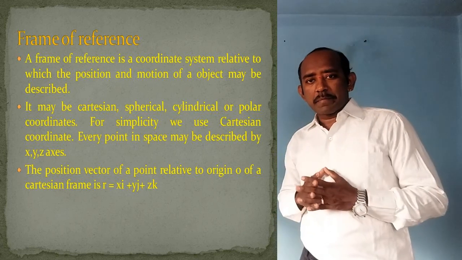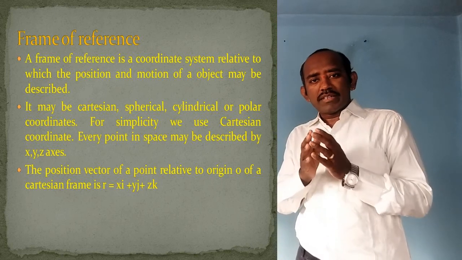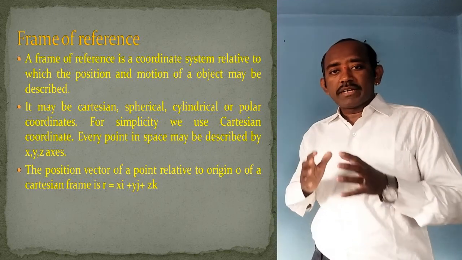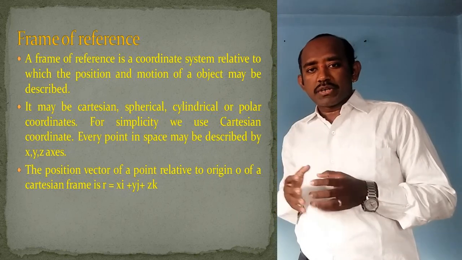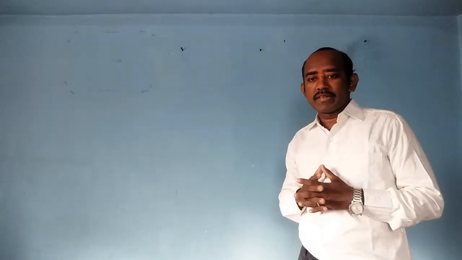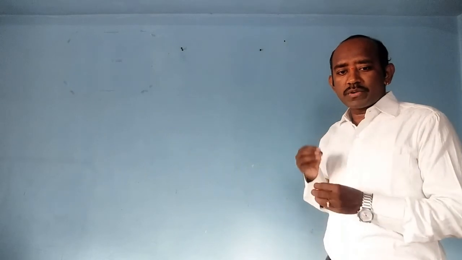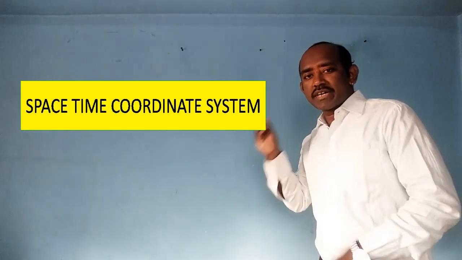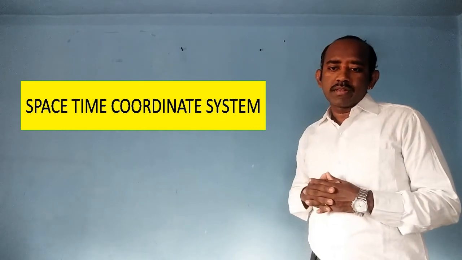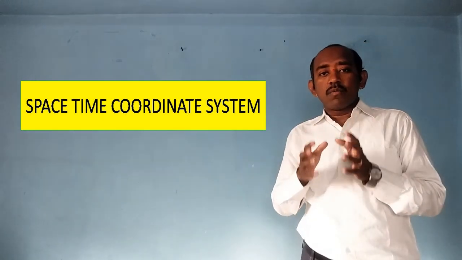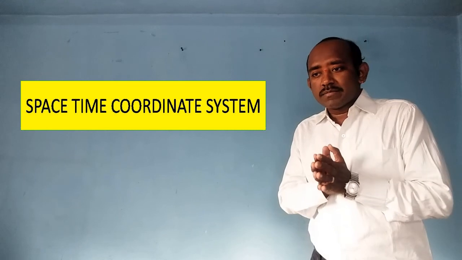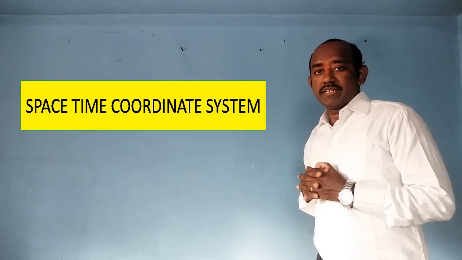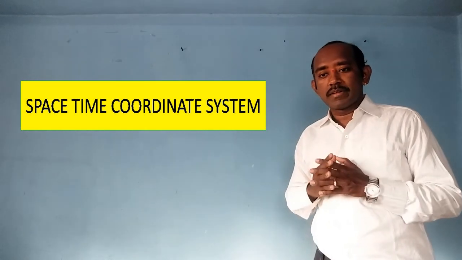In the rest frame, the three coordinates are enough, but in a moving frame the time has to be measured on a different scale, and the time is required to know the position of a moving particle. We need to know the time also. Then we must assign one more coordinate to the system, that is t, the time.